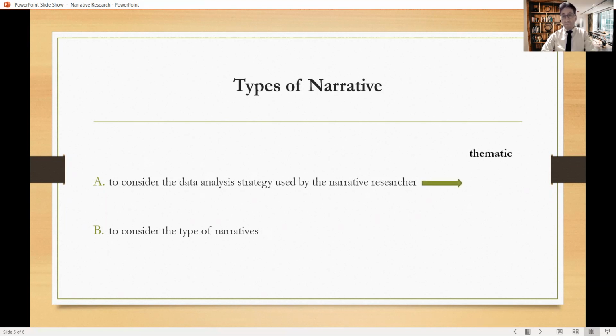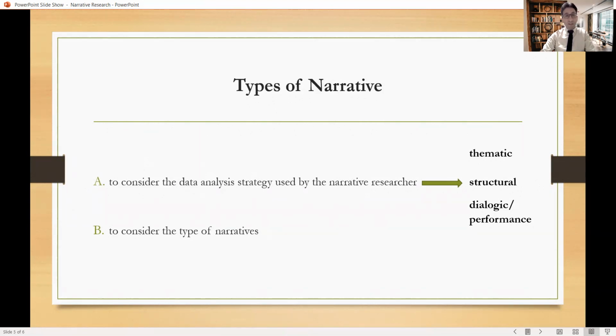It can be thematic analysis, in which the researcher identifies the themes told by the participant, or structural analysis, in which the meaning shifts to the telling and the story can be cast during the conversation. The last, dialogic or performance analysis, in which the focus turns to how the story is produced.